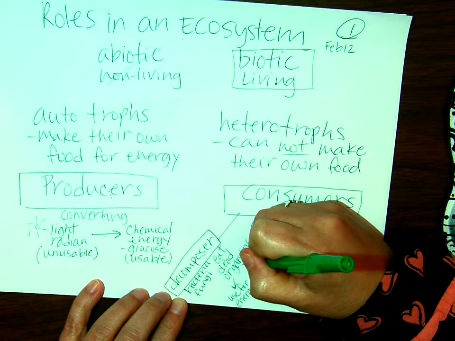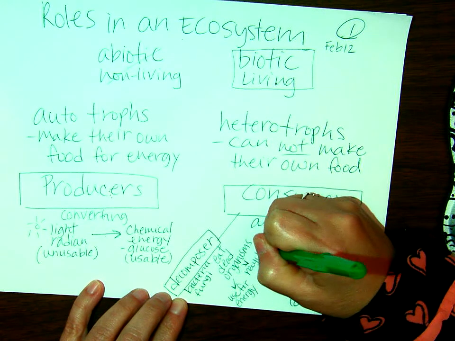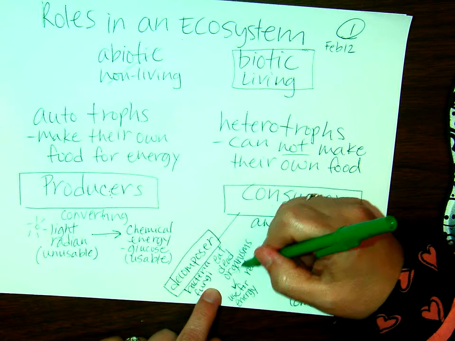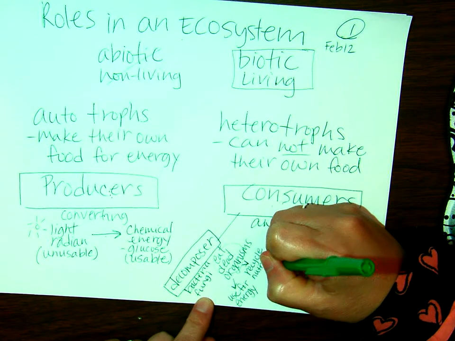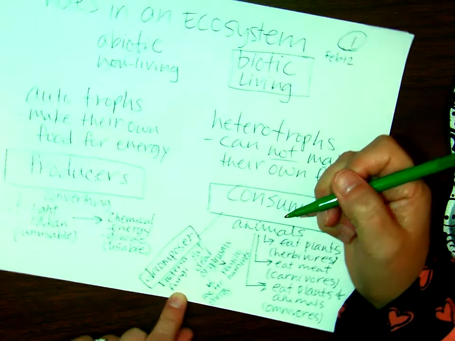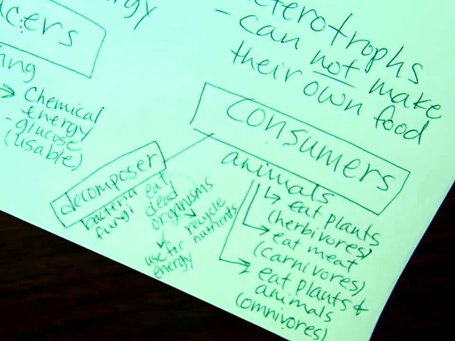But they also recycle the nutrients of the dead organisms. They recycle the dead organisms. And they put those nutrients back into the soil. Zoom in on this so you can see it.